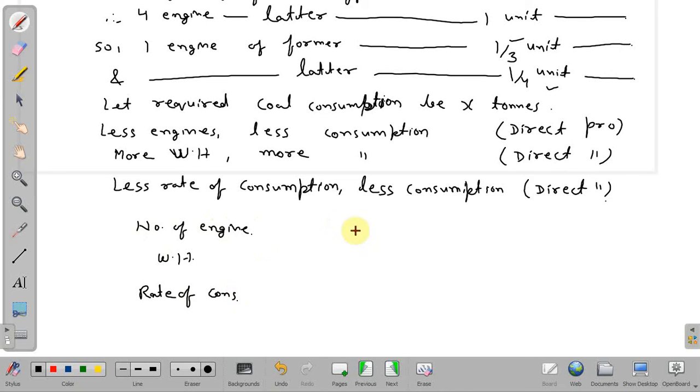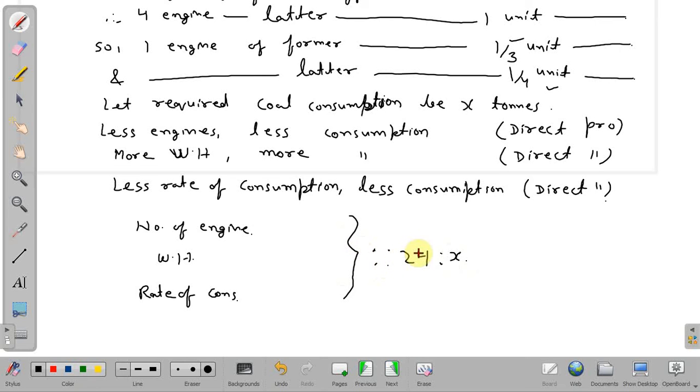Okay, now in first case total coal consumed is 24 metric ton. Second case we have assumed x metric ton. Now all parameters are directly proportional.